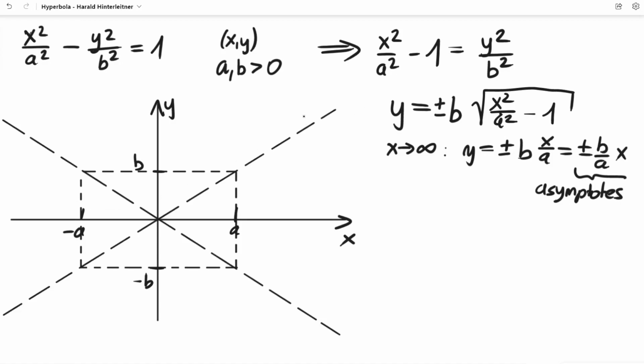So this line is the line y is equal b divided by a times x. You see the line goes through the origin, there is no intercept, and the slope is b over a. The same is here, but with a negative slope. It goes through the origin, but the slope is minus b over a, so negative slope.